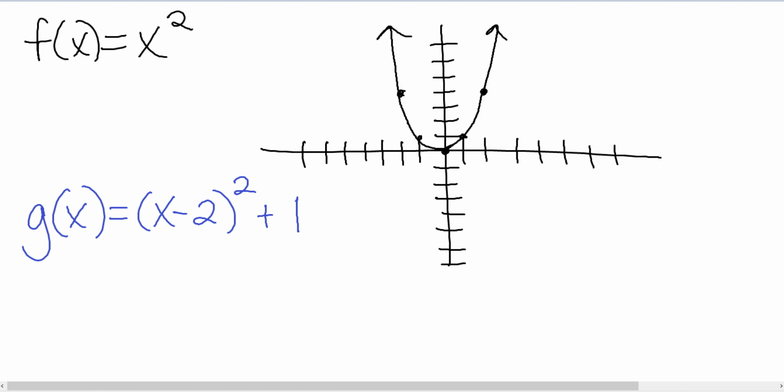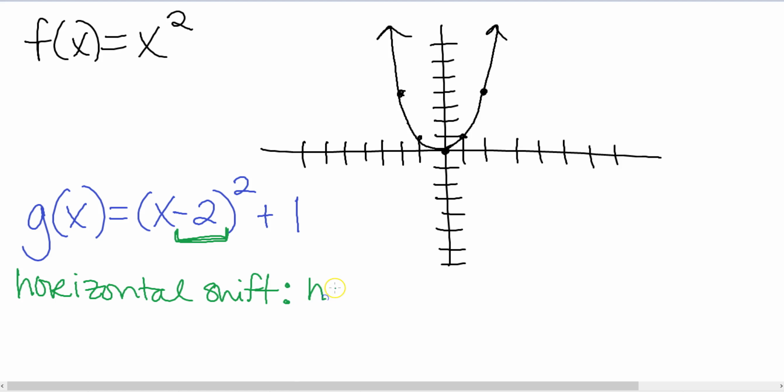Okay, so this minus 2 is going to tell me how I'm going to move horizontally. And that's also the x coordinate of your vertex. Well, remember, you change the h. Okay? So that's going to be h equals positive 2.